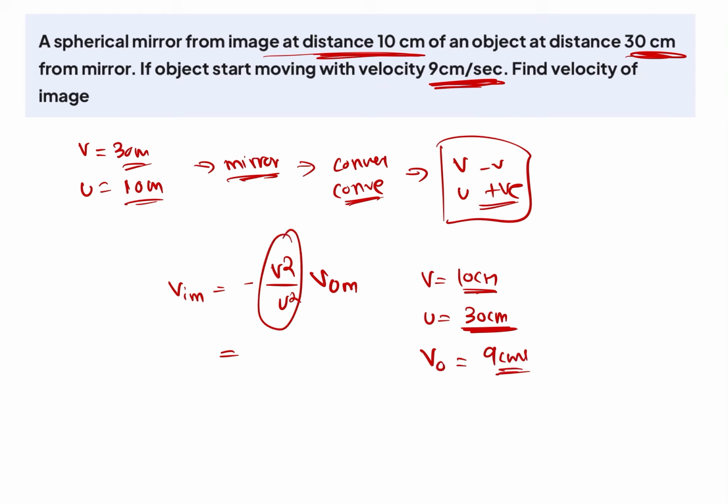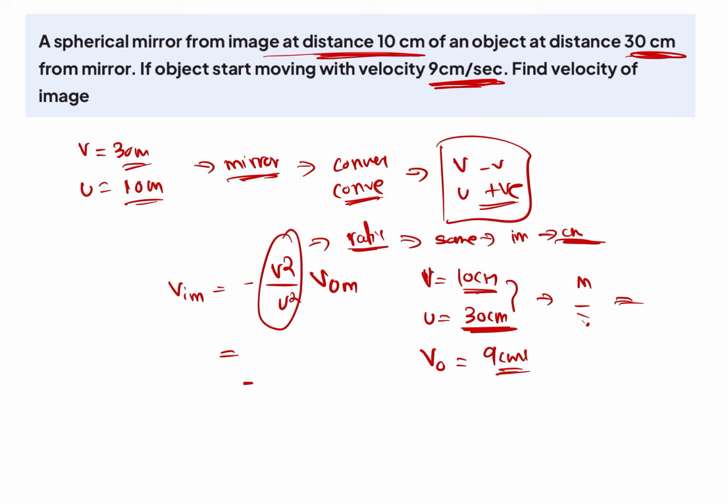Also note that if we are taking the ratio of the same quantities, the ratio will be the same if we change it into meter or centimeter. Here V and U are both given in centimeter, so we don't have to change the unit, and we directly substitute the values.